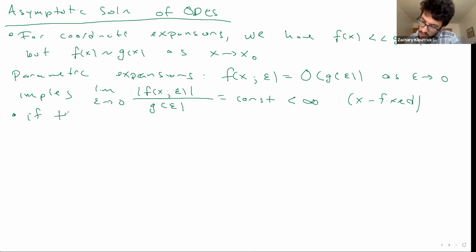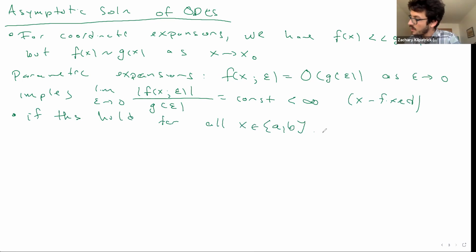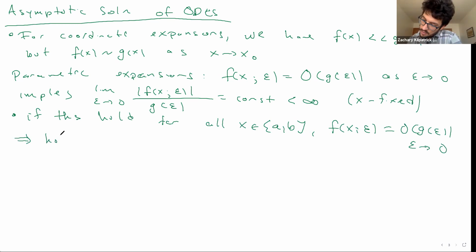But if this holds for all x in some domain a, b, f of x epsilon is equal to some big O of g of epsilon, as epsilon goes to 0, then we say this holds uniformly in x, okay?